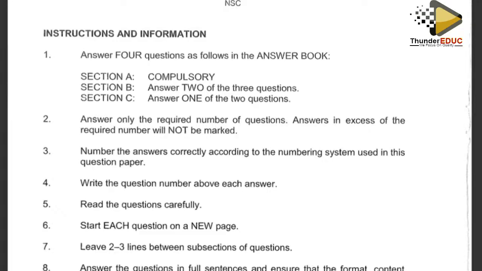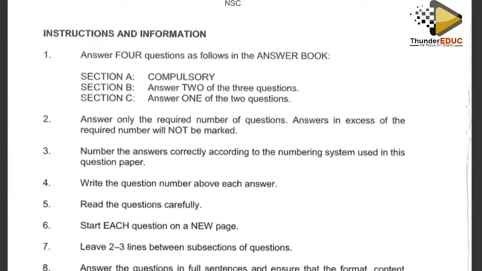Moving on to the second instruction: answer only the required number of questions, and answers in excess of the required number will not be marked. Number 3: number the answers correctly according to the numbering system used in this question paper. Grade 12, this one is so important to be followed. Always make sure that you follow the numbering system used in the question paper.